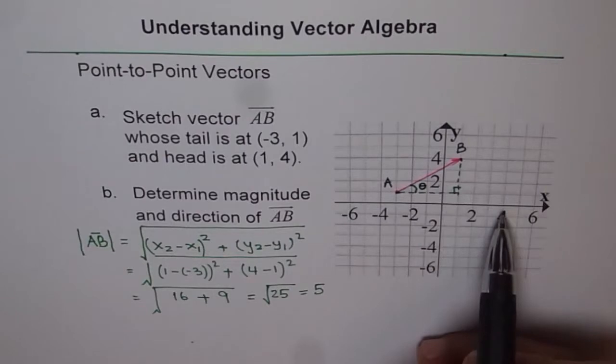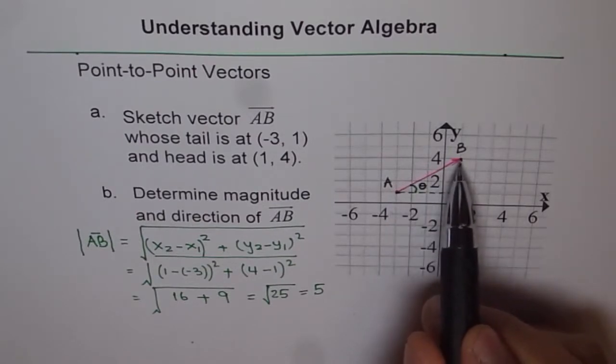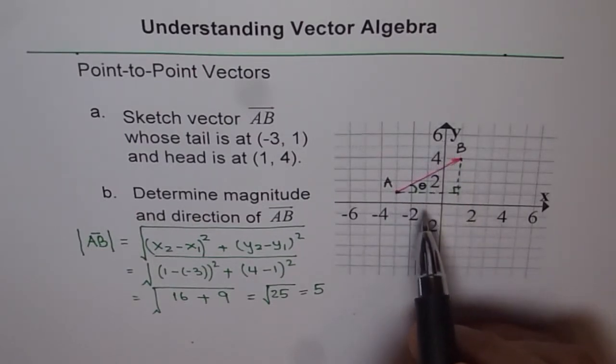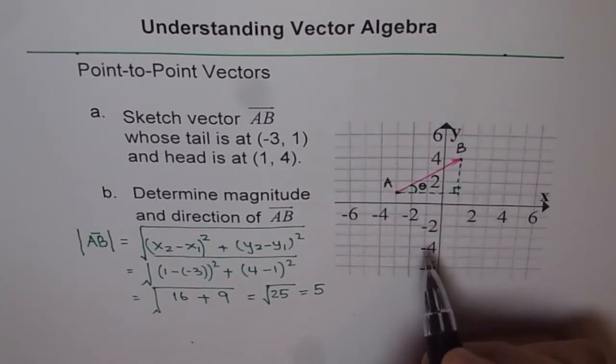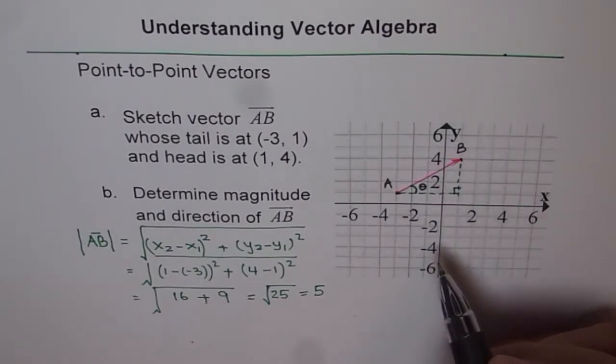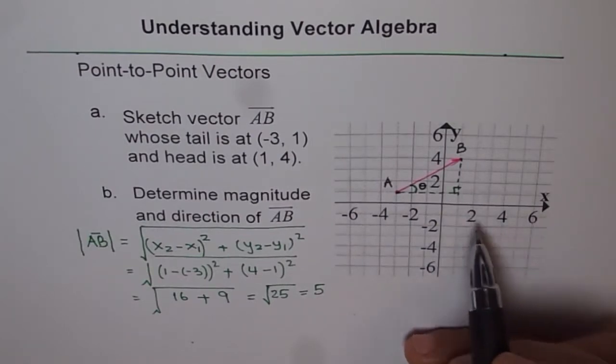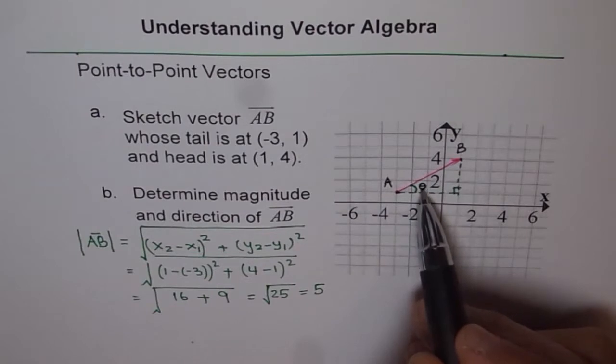The second way of telling direction is the angle of our vector with the north, because in navigation, especially sailors and aircraft, use direction from the North Pole. They have been using it for ages. So two ways of giving direction: one from north, second from east, or the horizontal line. In any case, we need to find this theta.